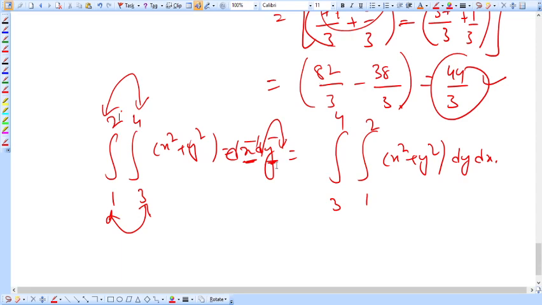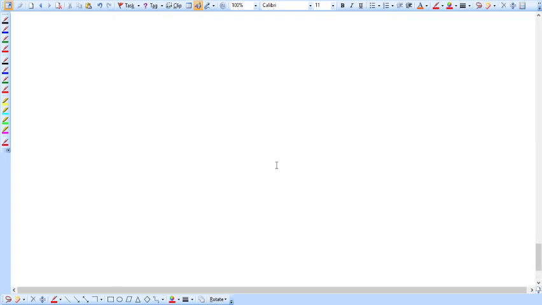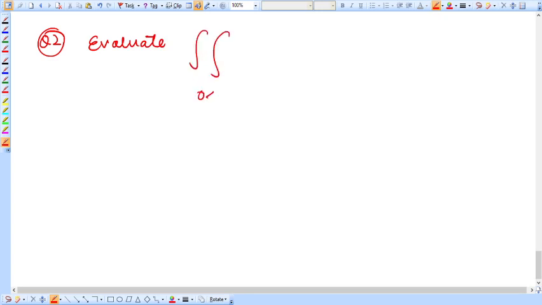This problem is: evaluate the double integral where x varies from 0 to 1 and y also varies from 0 to 1, of the same integral as we did in the last case, dx dy, right?